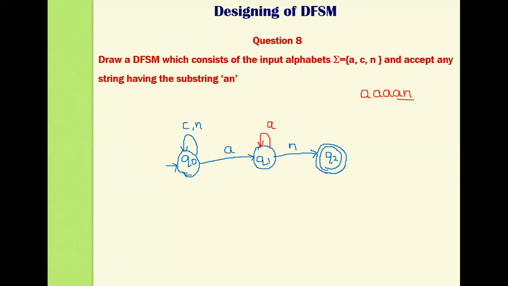Now Q1 upon A is done, Q1 upon N is done. What about Q1 upon C? Q1 upon C, I can't have it as a self loop. Can we have a forward one? A, C, it will become no. So can we try having C backward? If I have it as a backward transition like this, then A, C, A, N is possible.